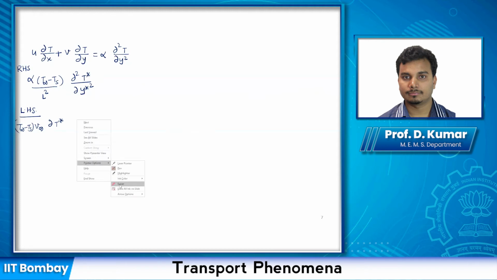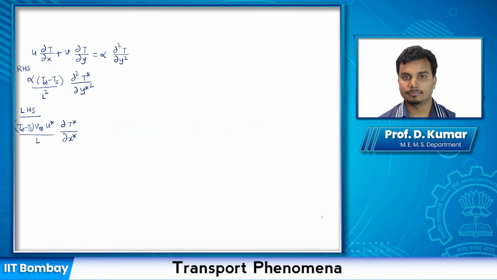So T infinity minus Ts, that you can write as T star here, and U you can write as V infinity times U star by X, so this will be L times X star.